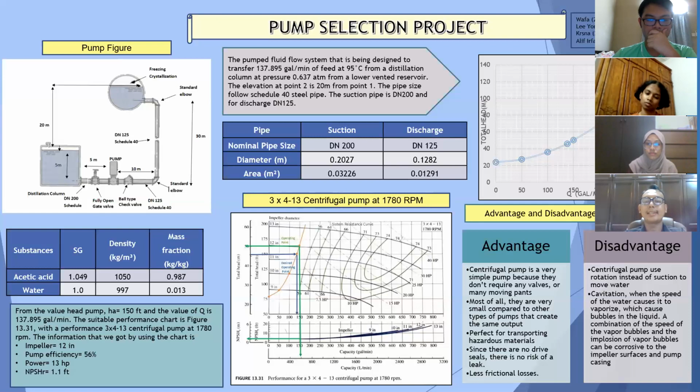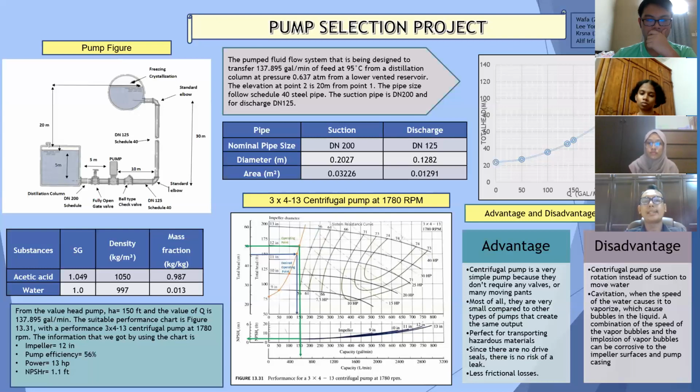Next, since there are no drive seals, there is no risk of leaks. A drive seal is a device used in connecting or joining the system in order to transport in tube size.